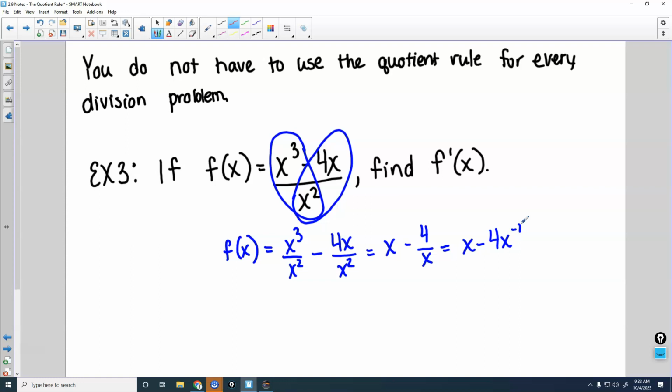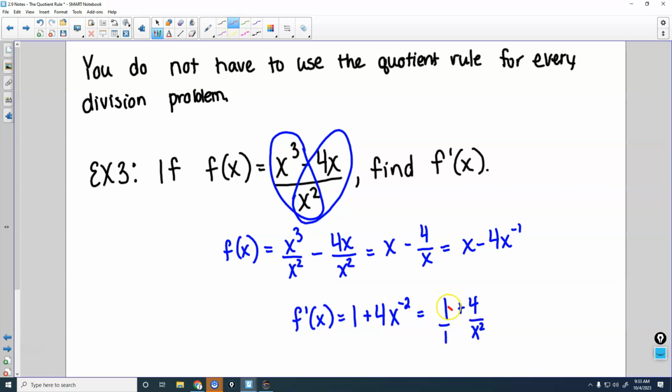Is everybody okay there? So if I love connection this, I can now just use the power rule. What is the derivative of x? 1. What do I get for the derivative of my negative 4x to the negative 1? Positive 4x to the negative 2. There's a decent chance they're going to do 1 plus 4 over x squared and then get common denominators for that.